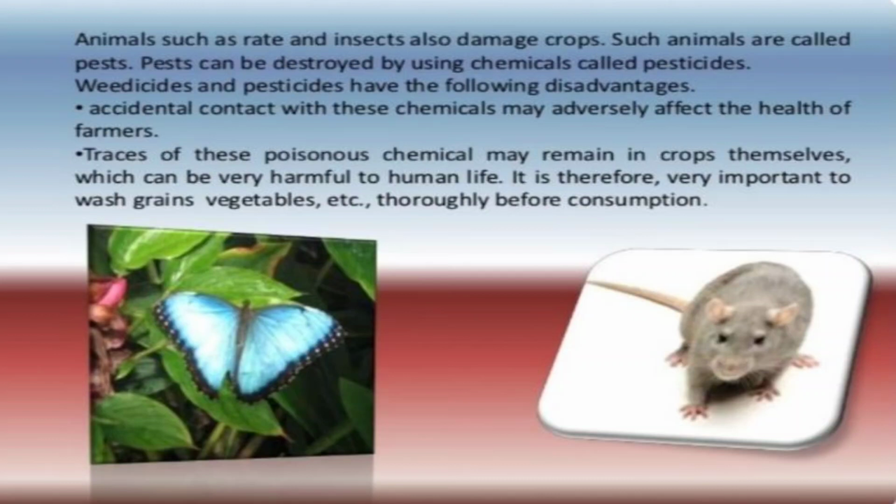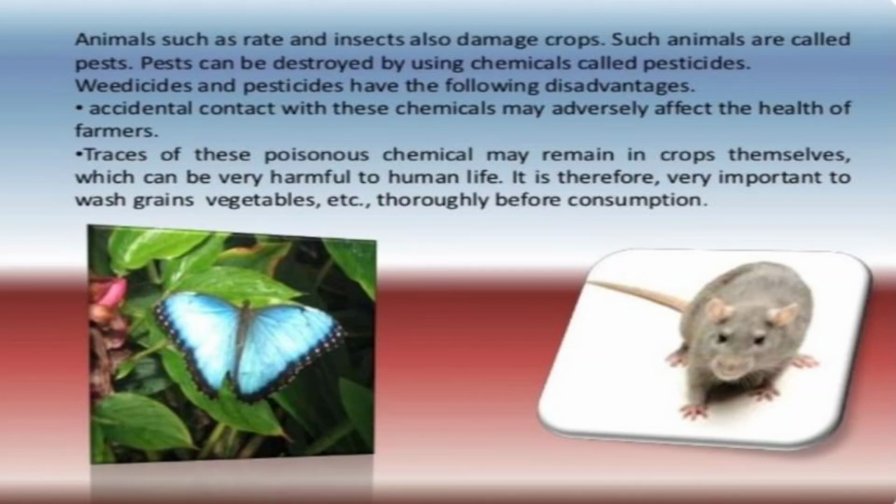Therefore your parents tell you to wash everything you eat, like fruits, because chemicals like pesticides and weedicides may be present on them. We are advised to consume food only after washing it.